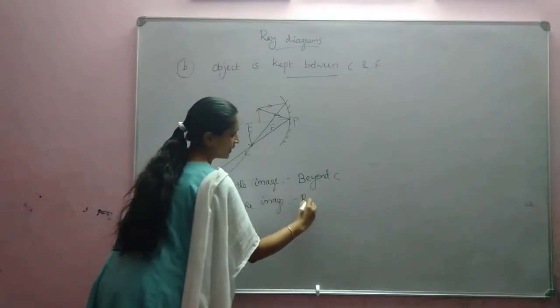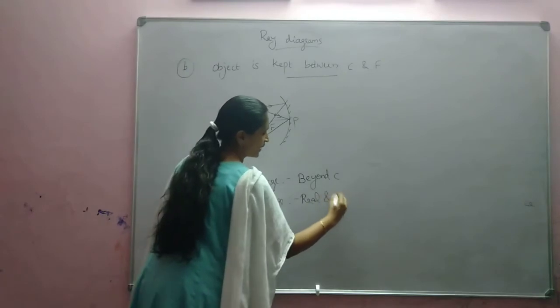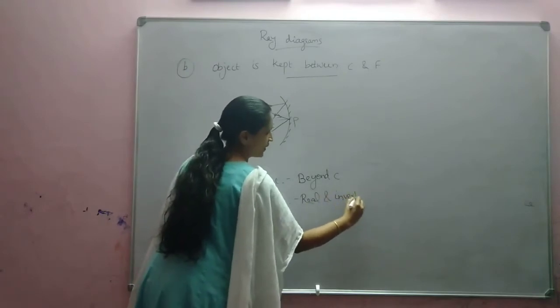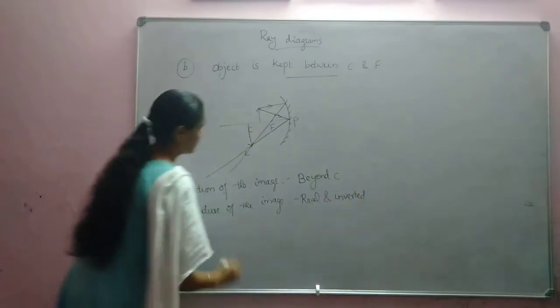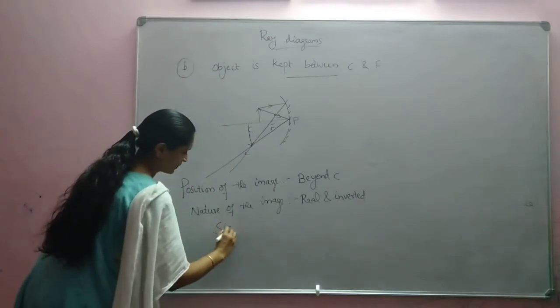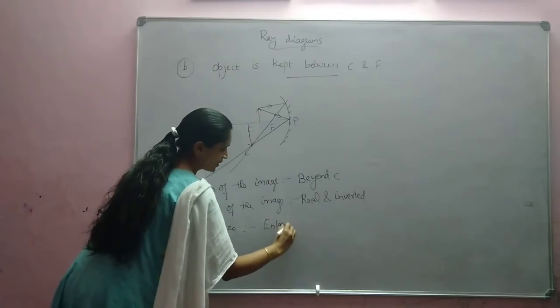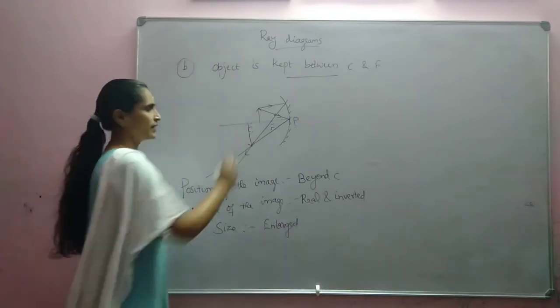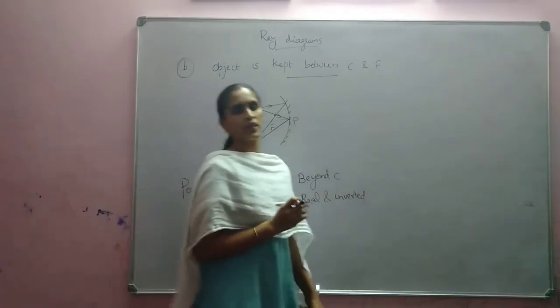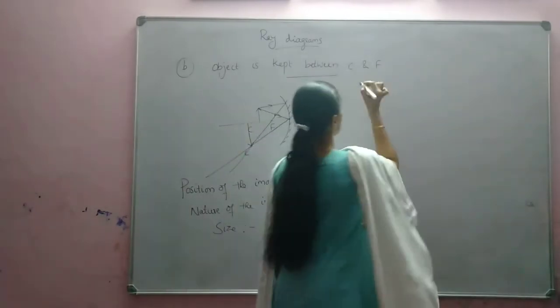Why is it real? The reflected rays are actually meeting. And size is larger, enlarged, or we can write larger than the object. And next case we will discuss.